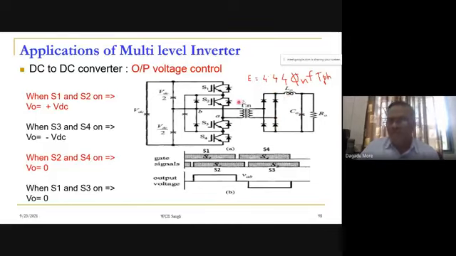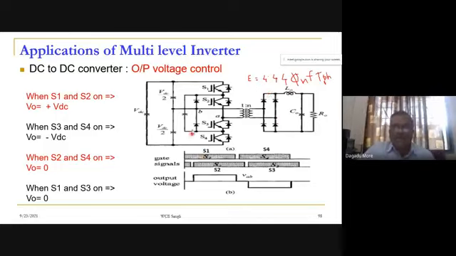So that is the benefit of high frequency. The transformer size will become compact, and the filtering required at the output, L0 and C0, will be reduced as compared to power frequency.